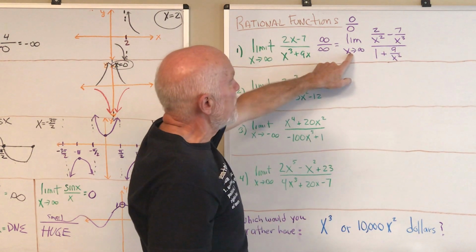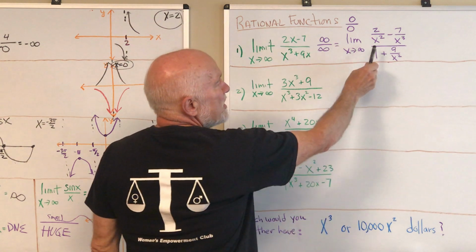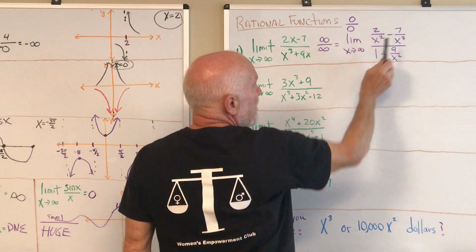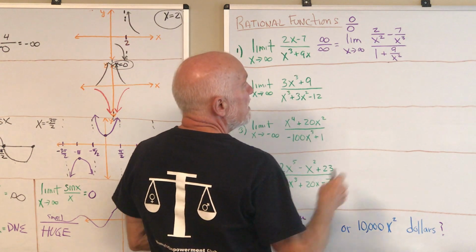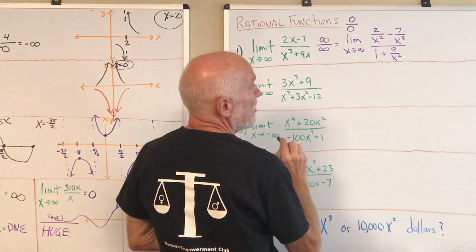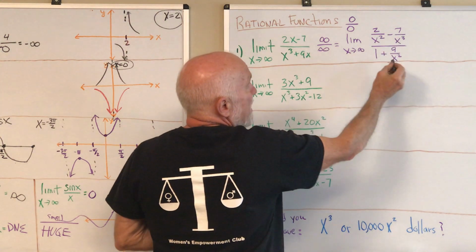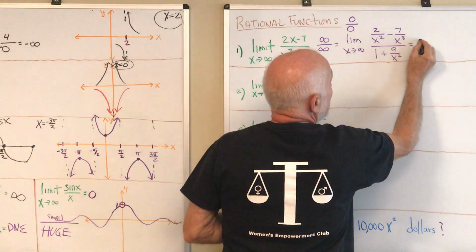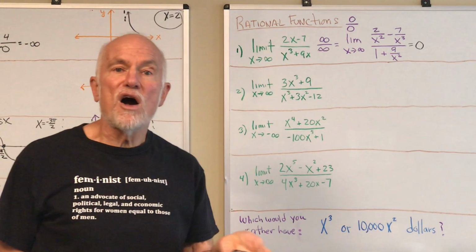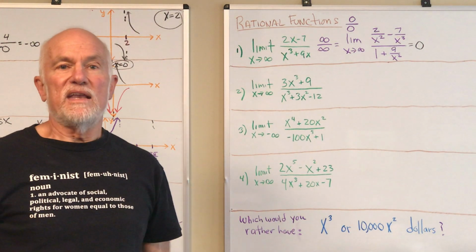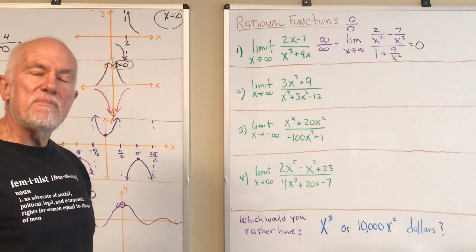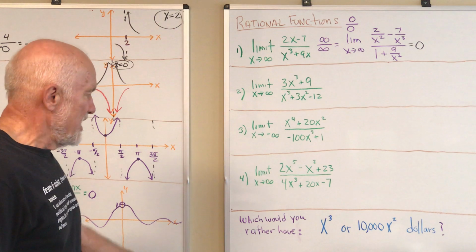And then as x approaches infinity, when you have a number divided by something huge, everything is going to 0. This is going to 0, this is going to 0, and this is going to 0. So you get 0 divided by 1, or just 0. And that would be the answer. There's nothing wrong with doing that, but I'm going to show you a little something here that might make this whole thing easier.